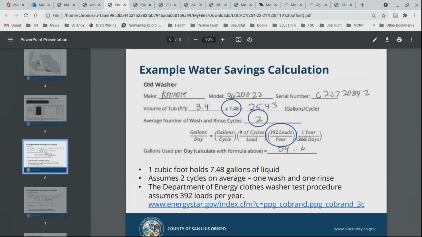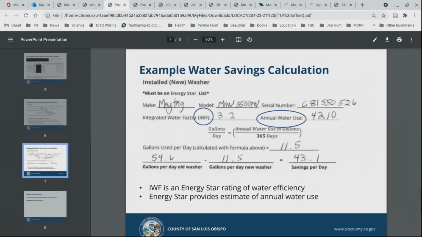And if you go to your next slide for a moment. So the 11.5 gallons saved was always there because the annual water use based on that new Maytag is 4,210 gallons annual water use.